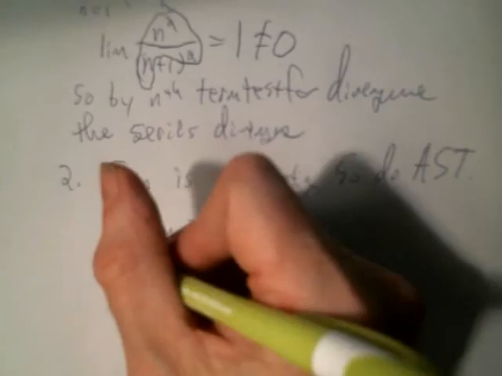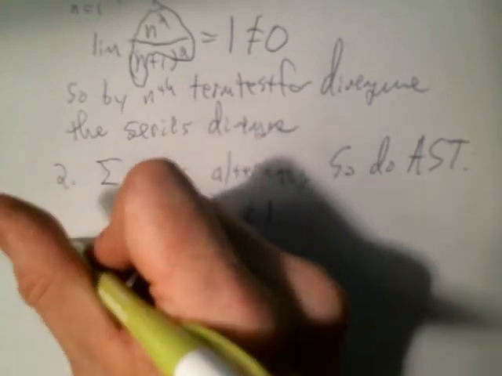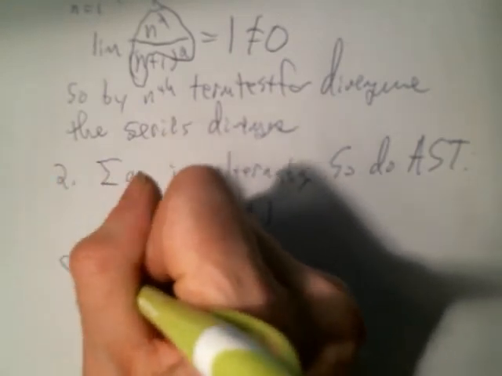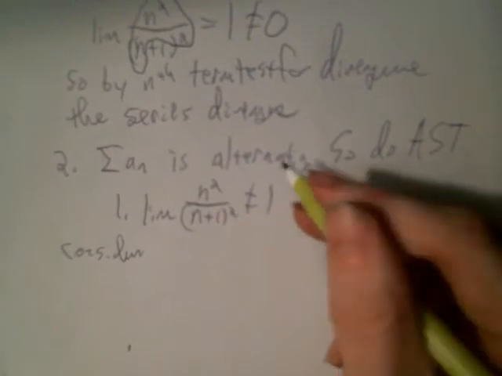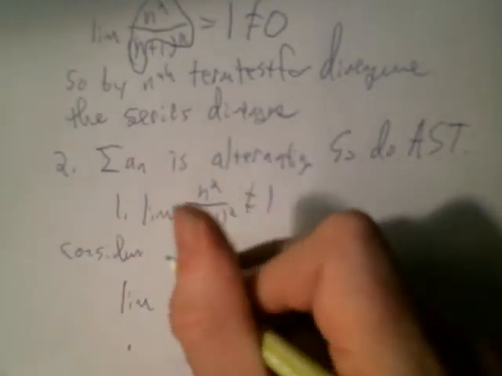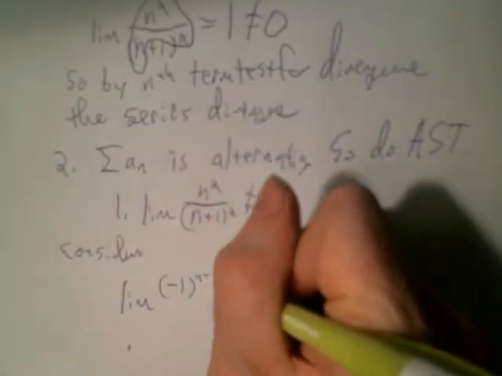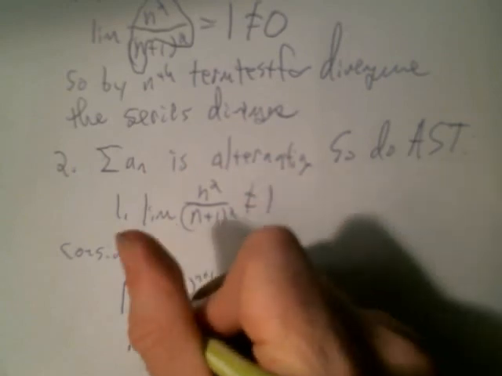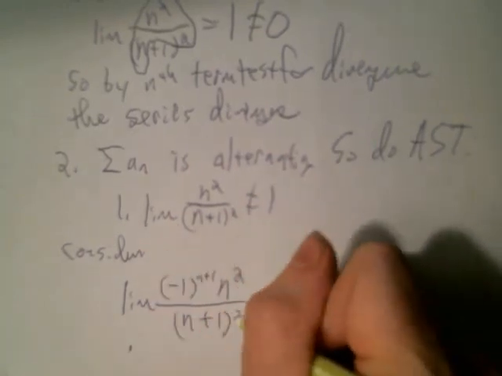So what it really will come down to then is considering the nth term test for divergence. So consider then the limit of the terms of the series, this limit of -1 to the n plus 1 times n squared all over n plus 1 squared.